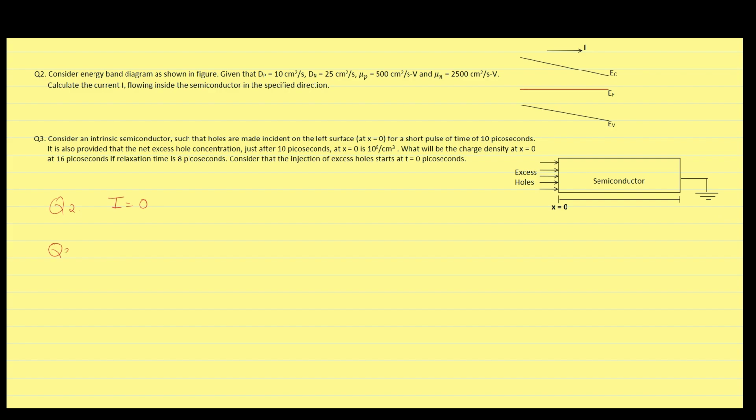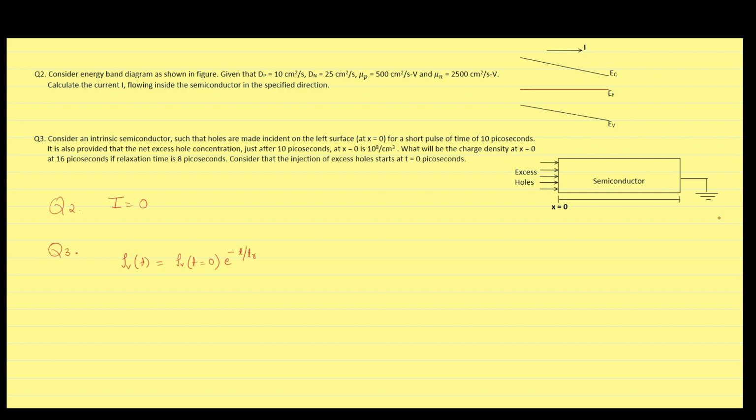For the third question, here we have to use the formula which we derived using the Poisson relation, and we have charge density equal to initial charge density multiplied by exponential of minus t divided by relaxation time.